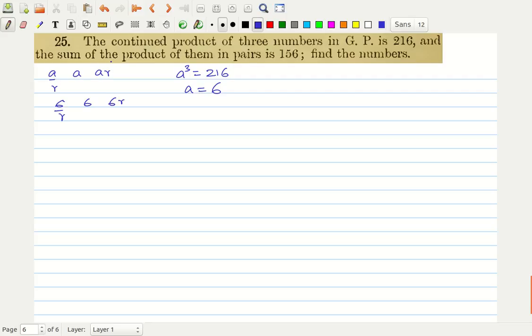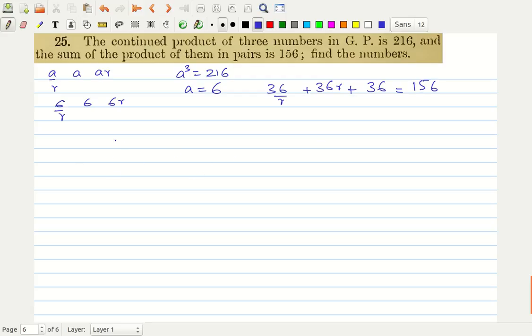The sum of the products of them in pairs is 156. So you multiply the first two terms, and you get 36 by R. Then you multiply the second and third terms, you get plus 36R. And then you multiply the first and third terms, so you get 36, because this R and this R will cancel. This is equal to 156.